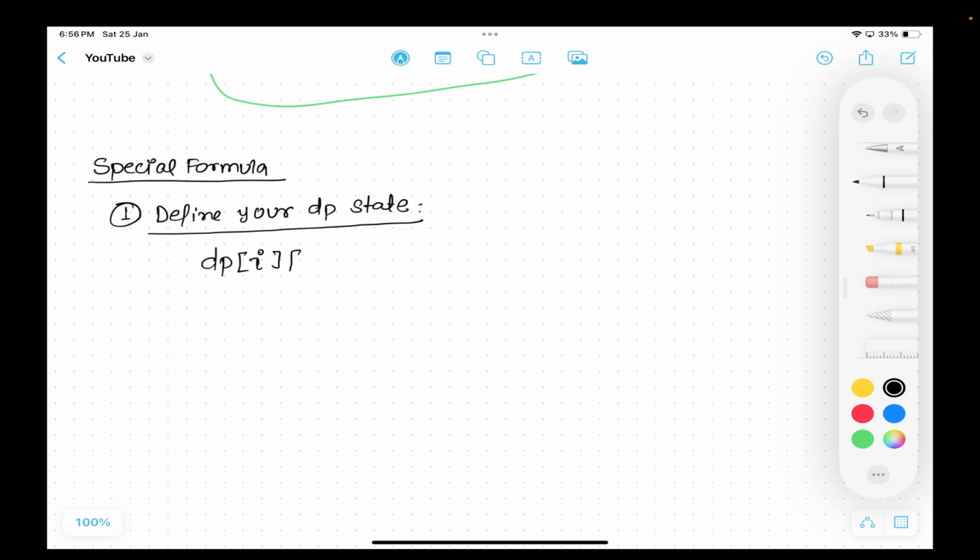In 2D DP mostly we have 2 states. Most of the problems we can solve using 2 states. So what does DP of i j mean?